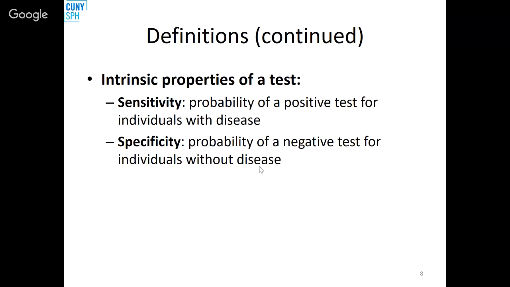So that is sensitivity and specificity, and they are properties of the test when applied to people with or without the disease being tested. These apply not only to screening tests, but to anything where you're making predictions.